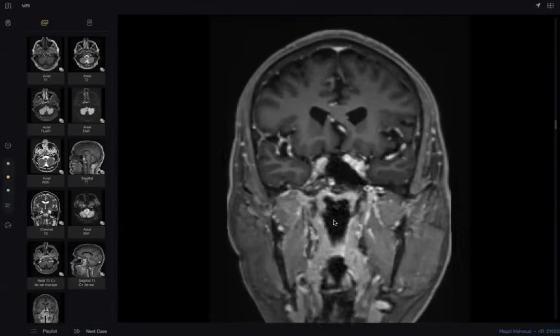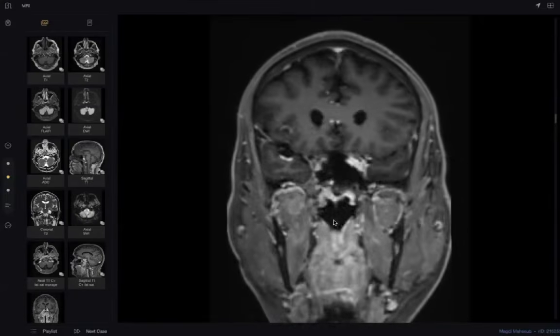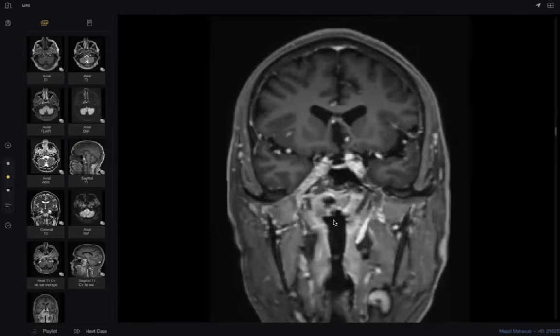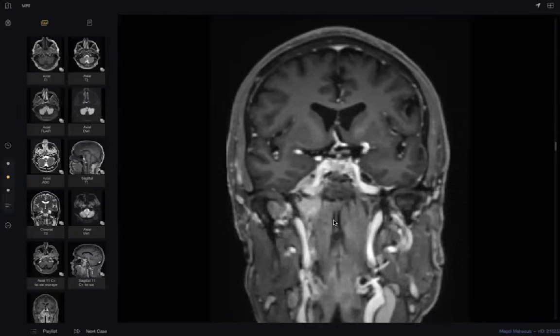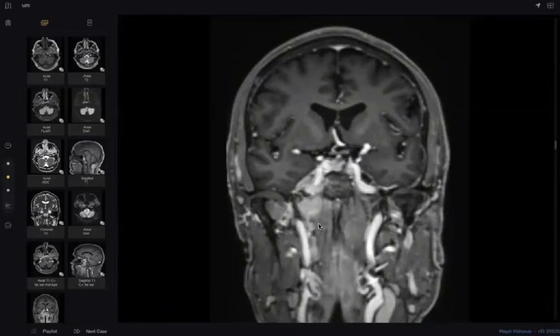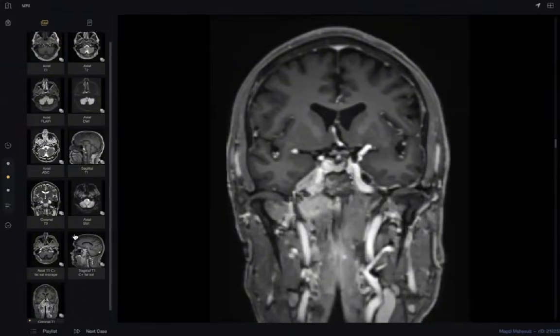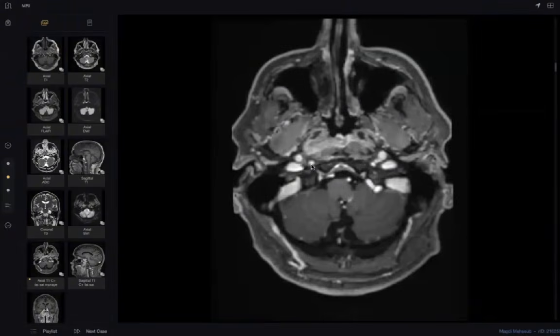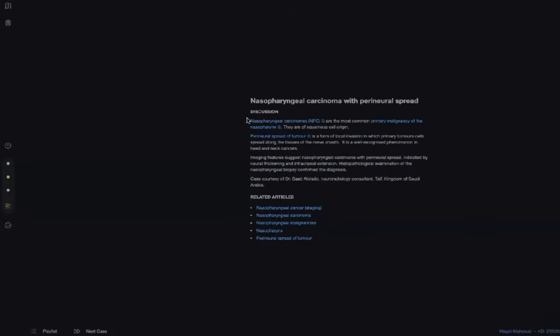The means of extension here, sir, is through the foramen rotundum. Perineural, transforaminal. Yes, excellent. So perineural spread of the tumor from the skull base. Thank you so much. Nasopharyngeal carcinoma with perineural spread.